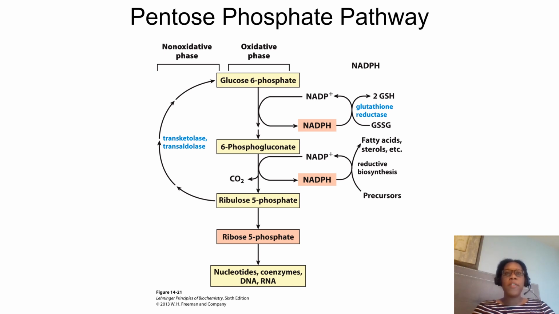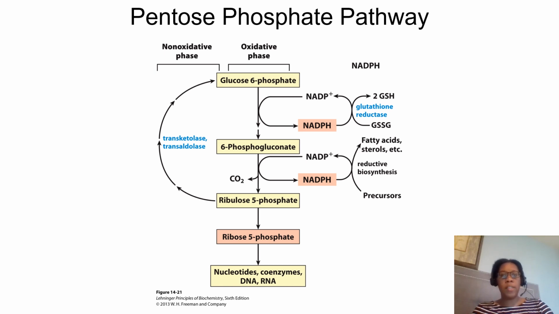So if you remember, the first step in glycolysis is to create G6P from glucose and ATP. This is not a reversible step. So once G6P is created, it has to go through the glycolysis pathway. But alternatively, glucose 6-phosphate is used in the pentose phosphate pathway.